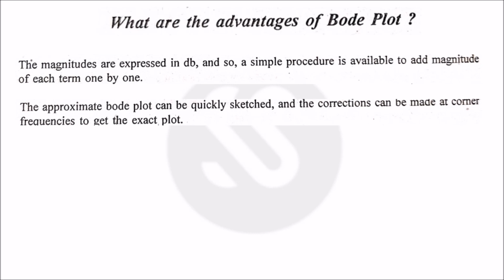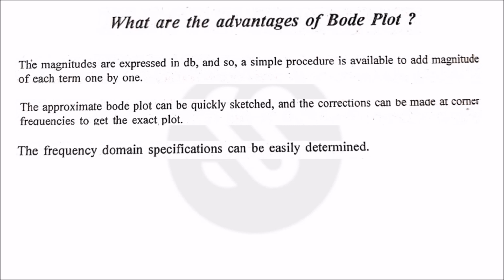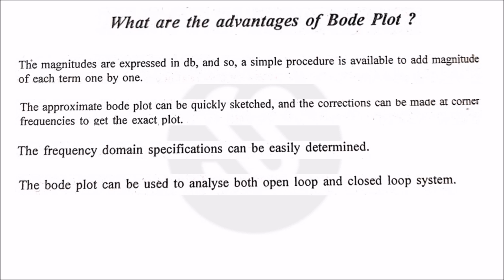But if they ask for the exact one, so what you do, at the corner frequency, you just add 3 decibel. Okay, just curve it out, so you will get the exact one. Everything remains same except that. Third one will be the frequency domain specification can be easily determined, and the fourth one will be the Bode plot can be used to analyze both open loop and closed loop transfer function.